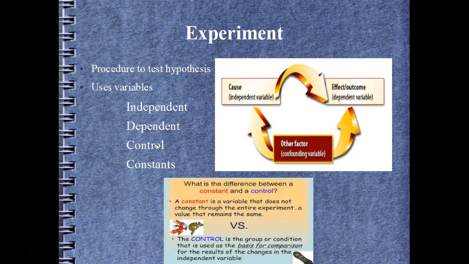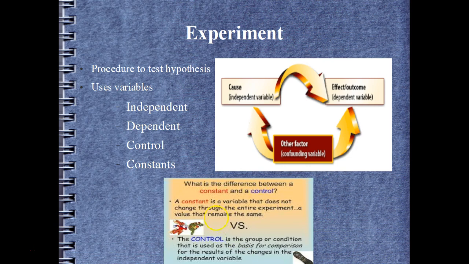It's one of your trials that you do in your experiment. It's the group that you're comparing everything else to. So it's your baseline for comparison. We'll go over some examples in a minute, but it's basically the experimental trial where you're not changing anything.